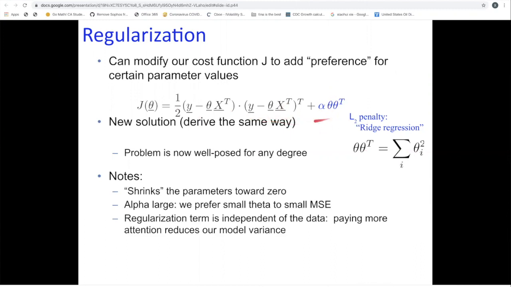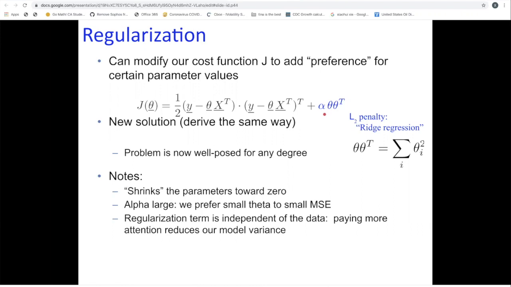Sometimes we need to balance the contributions of these two terms to the final loss function. That balance is introduced through this parameter called alpha, the regularization parameter. This is simply a number, a scalar that is given to you. You have to set this number before you carry out the learning process, so you can think about it as a hyperparameter.